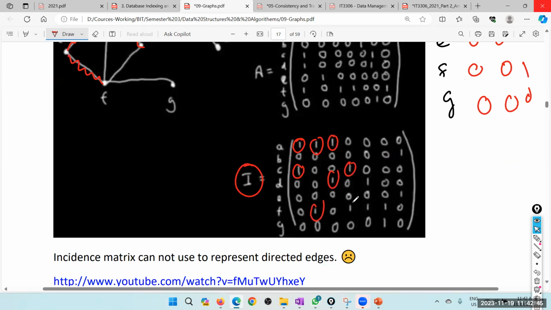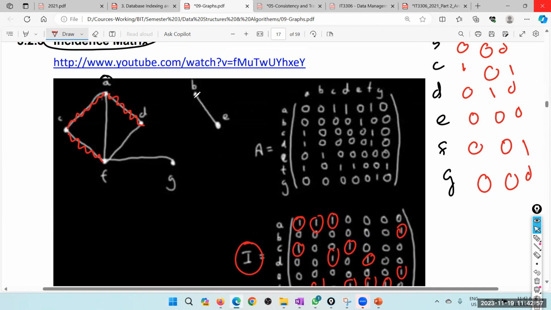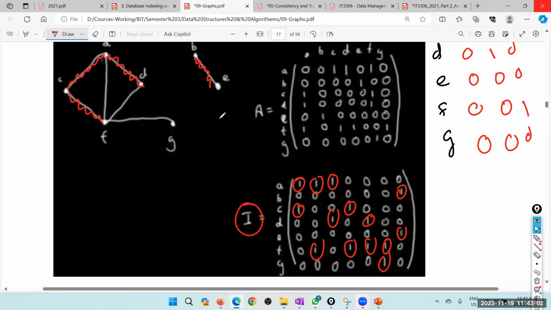The last column is the BE edge. That is this edge. Okay. But this can be used for unidirectional graphs, because if it is directional, AC and CA are the same. Right?